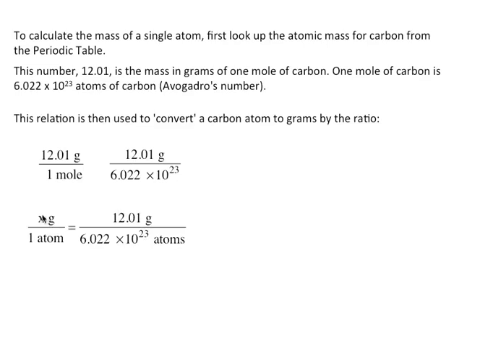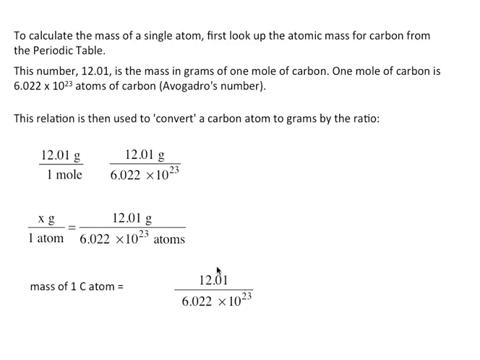I want to find out how many grams in 1 atom, knowing that it's 12.01 grams in 6.022 times 10 to the 23 atoms. So I have grams on top, atoms on bottom, and here's my unknown. x divided by 1 is x, right? So it's my unknown, my mass. So the mass of 1 carbon atom is going to be 12.01 divided by 6.022 times 10 to the 23.